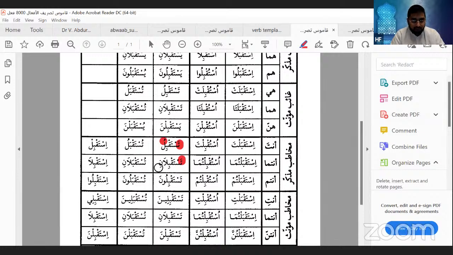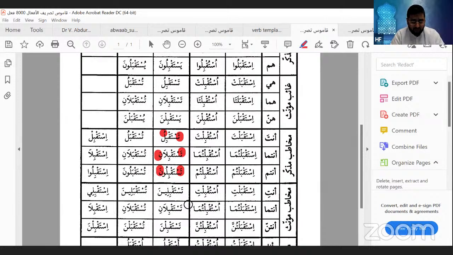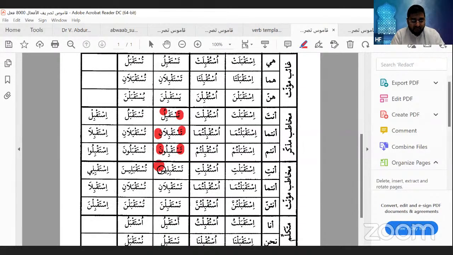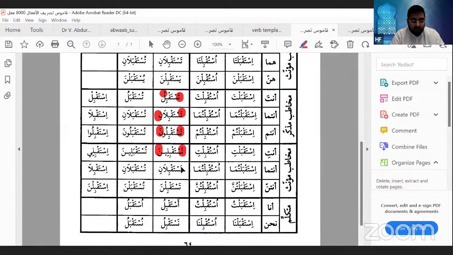The ta there, the noon of the plural masculine. This ta has to be removed. For the singular feminine, the noon has to be removed. The ta is removed. The noon with the kasra for the singular feminine is removed, but this noon remains for the feminine plural.